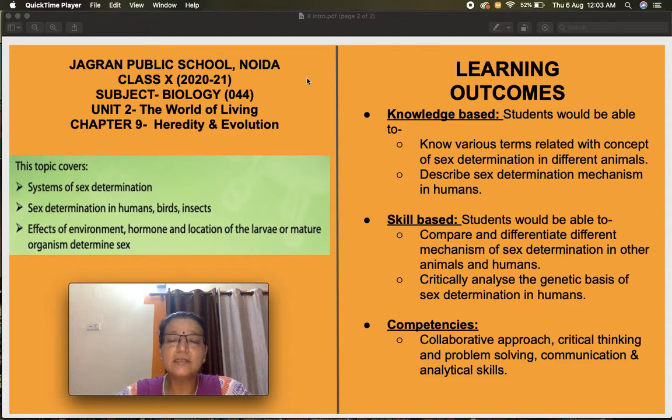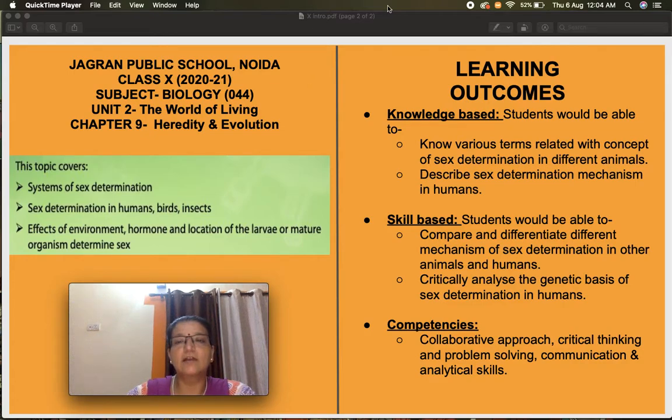The competencies that can be developed after efficient learning in today's class: you will be able to use your collaborative approach, critical thinking, problem solving, communication, and analytical skills in day to day life related to the facts that you will learn in today's class.